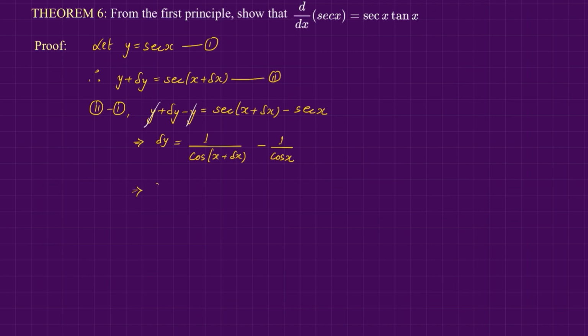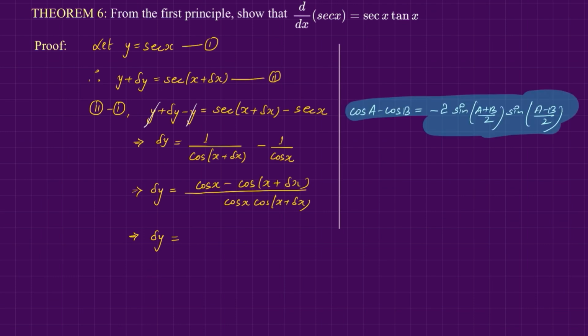So this implies delta y equals, let us take the LCM here, we'll have cos of x into cos of x plus delta x in the denominator, and in the numerator we will have cos of x minus cos of x plus delta x. Okay, now here the numerator is in the form of cos a minus cos b. For that we have one formula, so here let this be our a and this be our b.